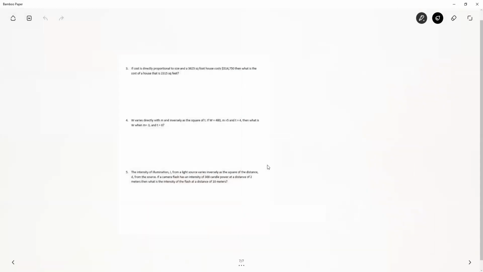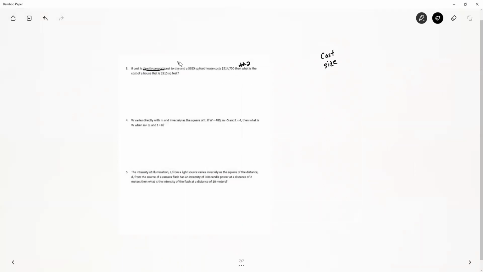All right, let's look at this one. If cost is directly proportional to size, and a 3,620 square foot house costs $514,750, then... okay, so that's part 2.